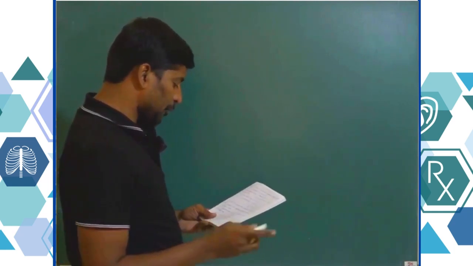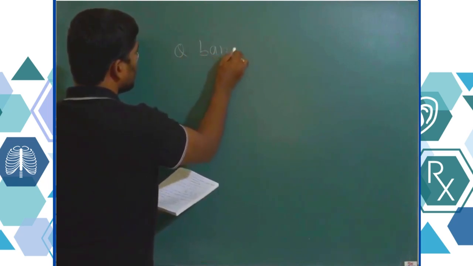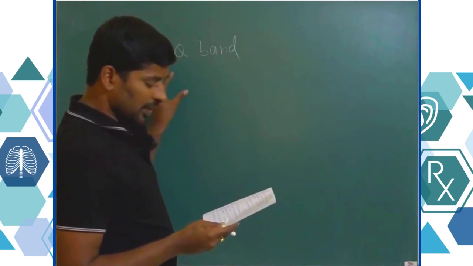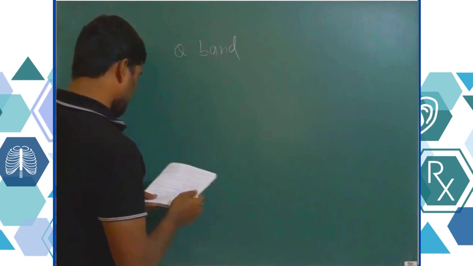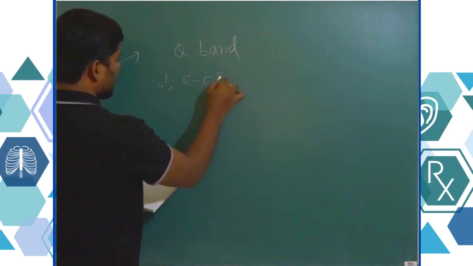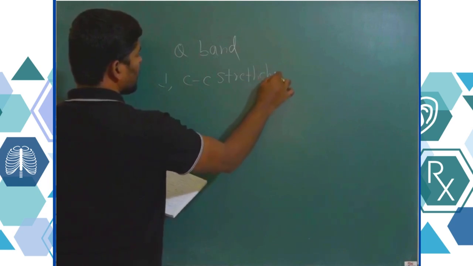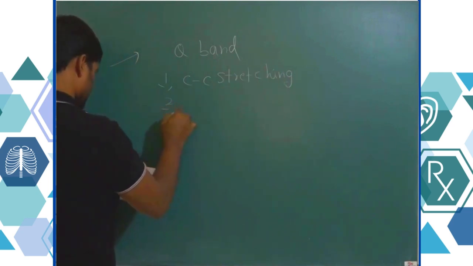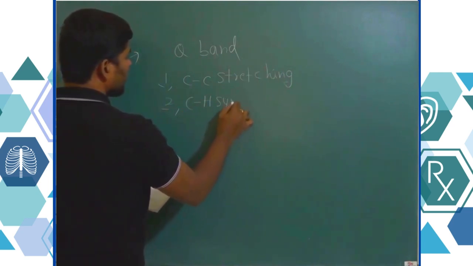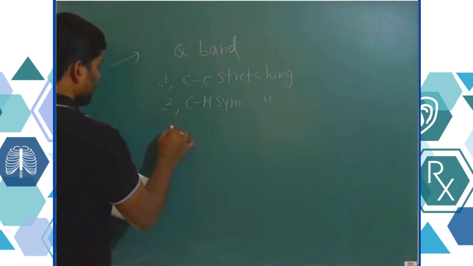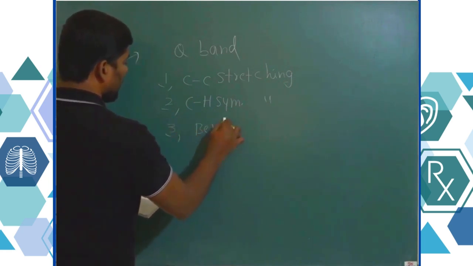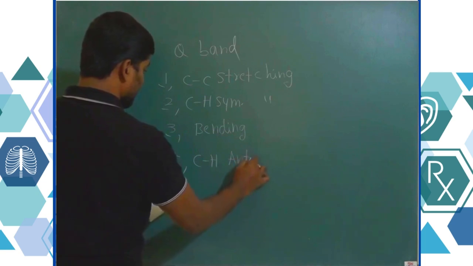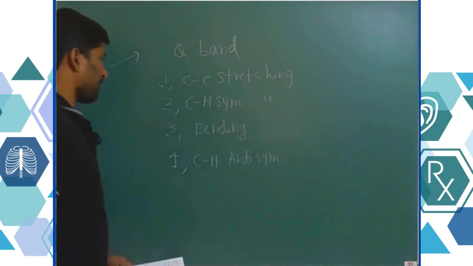The Q band in the vibrational spectrum of acetylene is observed in which mode: the CC stretching mode, the CH symmetric stretching mode, the bending mode, or the CH antisymmetric stretching mode?